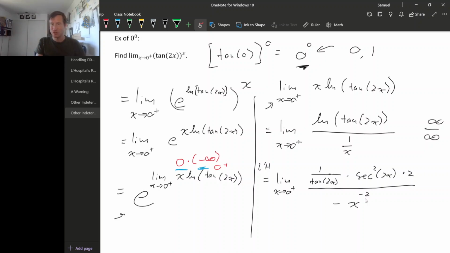Now we need to simplify this and see what we get. So 1 over tangent is, right, tangent is sine over cosine, so 1 over tangent is cosine over sine, and then secant squared is 1 over cosine squared, so we can cancel a cosine, and we're going to get 1 over, let me move this down a little bit.